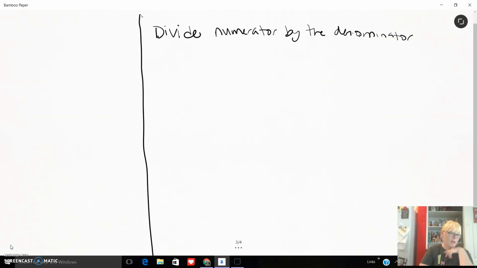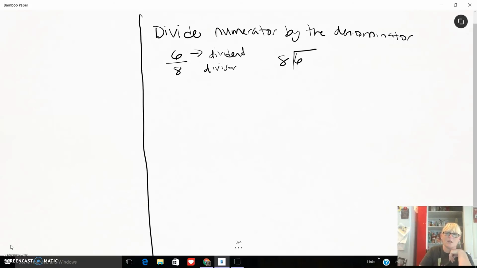All right, so if I have 6/8, and I want to make that into a decimal or a percent, because we know how to do both of those now, I'm going to divide my numerator. So numerator is going to go in the house. That's going to be my dividend. 6 is going to go in the house, 8 is going to go outside the house.